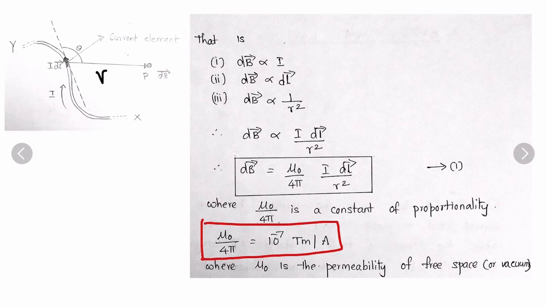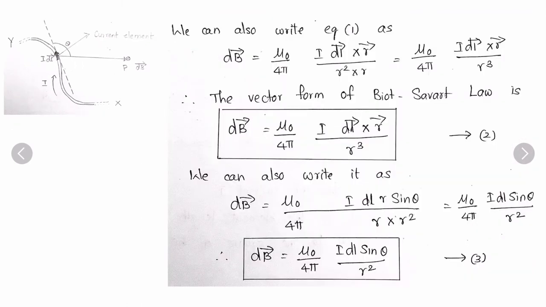Now we can also write this equation as dB is equal to mu 0 by 4 pi IdL by R square. Numerator and denominator we have multiplied with R. Then you will get mu 0 by 4 pi IdL into R divided by R cube.